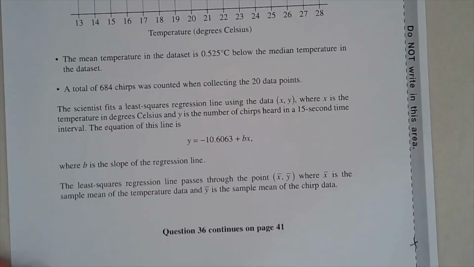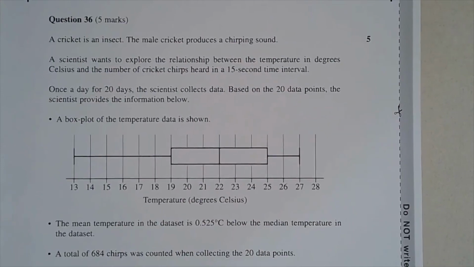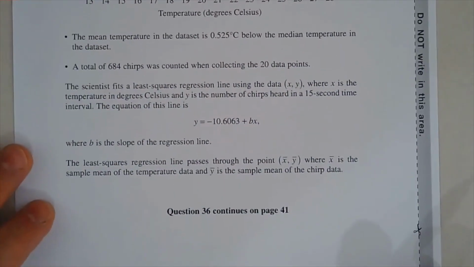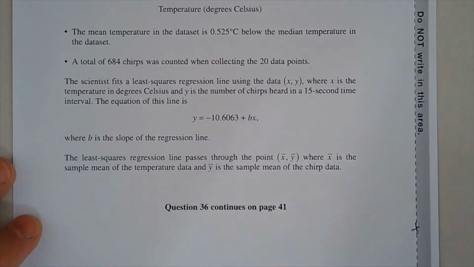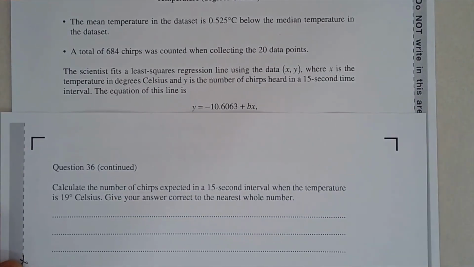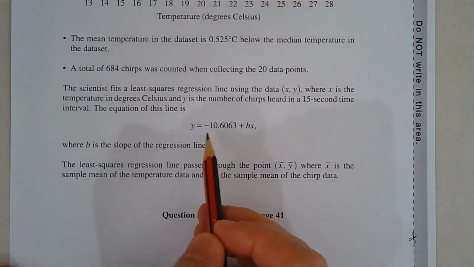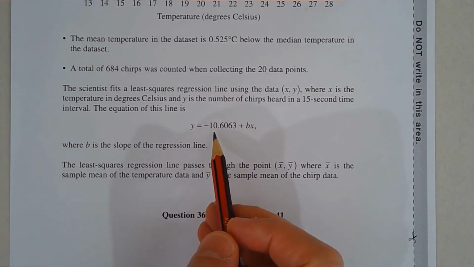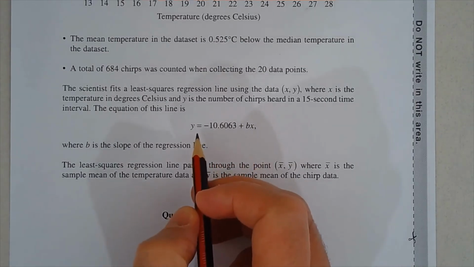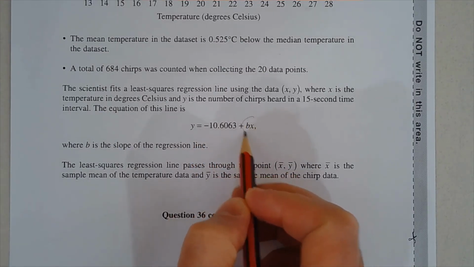There's a lot going on in this question. So, let's work backwards. We want to calculate the number of chirps expected in a 15-second time interval when the temperature is 19 degrees Celsius. Going back to our equation of the regression line, it hinges on this.